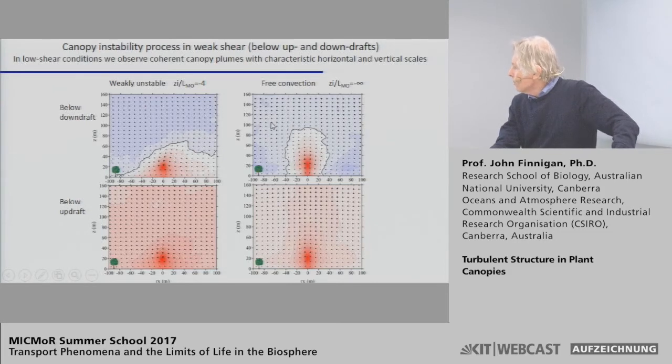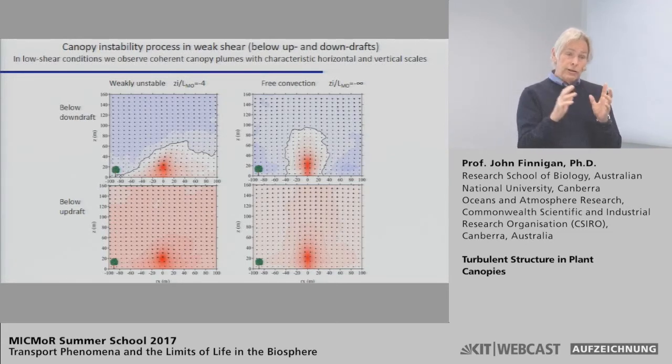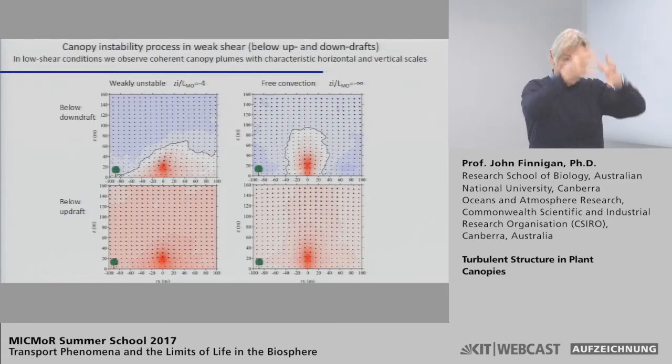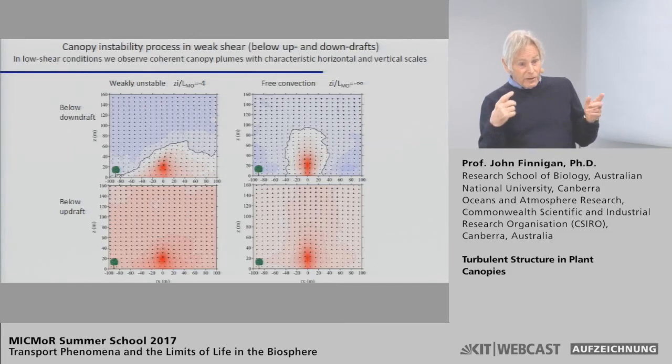And again, we see downward flow in the cells coming down from the boundary layer above, and it meets the plume coming up from the surface. If we're below an updraft, then of course the plume carries on up. So we have, it seems, when we focus on the low shear unstable regions produced by the large scale motions above, in those regions we don't see mixing layer eddies. What we see are convective plumes.